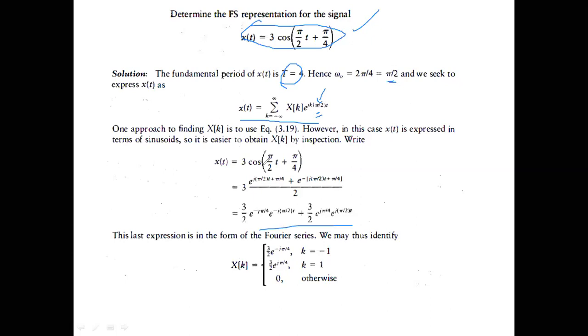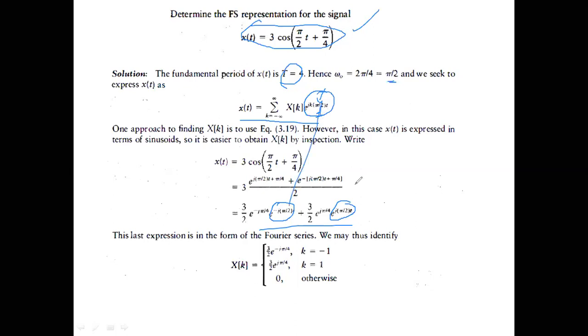I have made sure that e to the power j pi by 2 t has been taken outside: e to the power jk pi by 2 t here, and e to the power j pi by 2 t taken out here. Now I will compare. Pi by 2 is there, and t and t are there. These two are there.